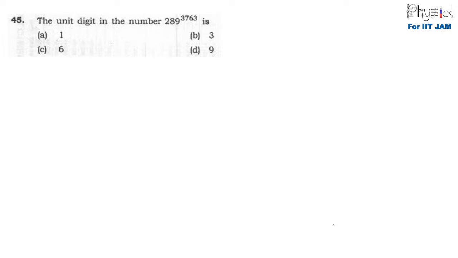You can try it in your calculator, but it will show you error because this number, 289 to the power 3763, is a very big number and you can't find the value of it. So how to solve this kind of problems? How to find the unit digit in the number 289 to the power 3763?